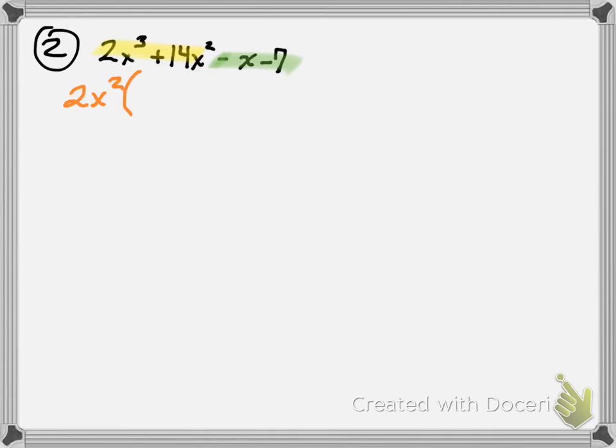So in other words, you're looking for the smallest exponent on your x. So 2 divided by 2 is 1. X cubed, and I take out 2 x's, that leaves me just an x. 14 divided by 2 is 7. It's positive, so positive 7. If I have 2 x's and I take out 2 x's, that just leaves a 7.